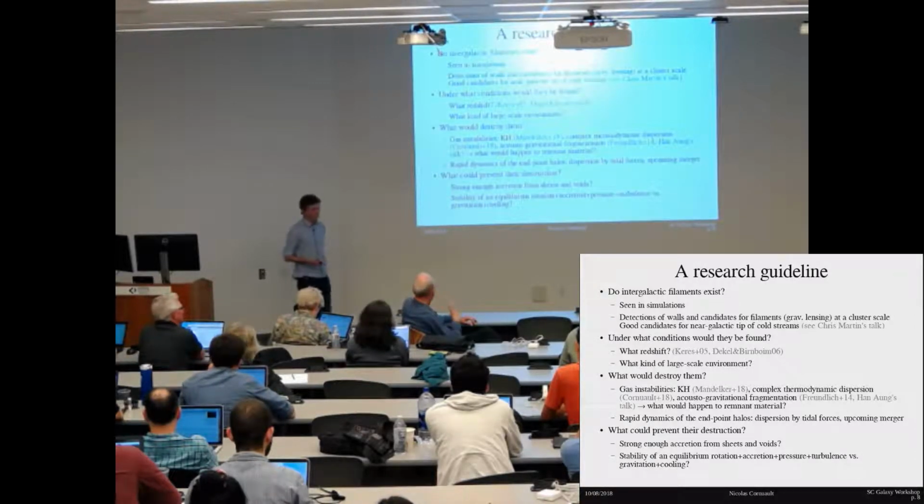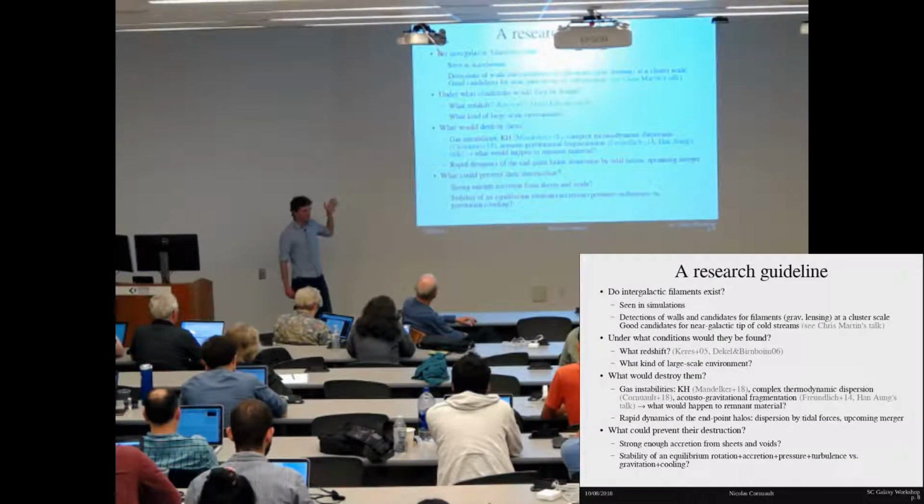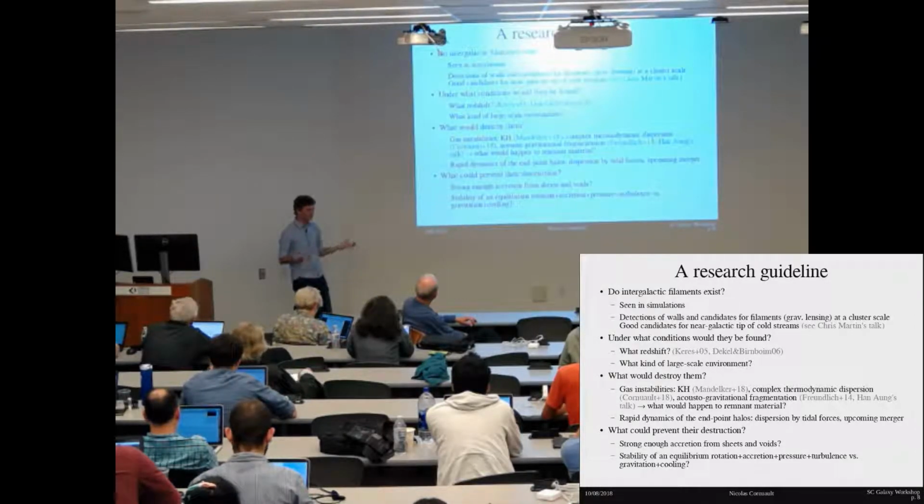What would happen to the remnant material? If you produce fragments, then it's not a cold stream, but then it means that the galaxy should get intermittently very cold and very dense material. So it would change the physics of the galaxy and include clumps into it. And again, even if we identify some instabilities that can happen, are there mechanisms that would protect the filament from those instabilities?